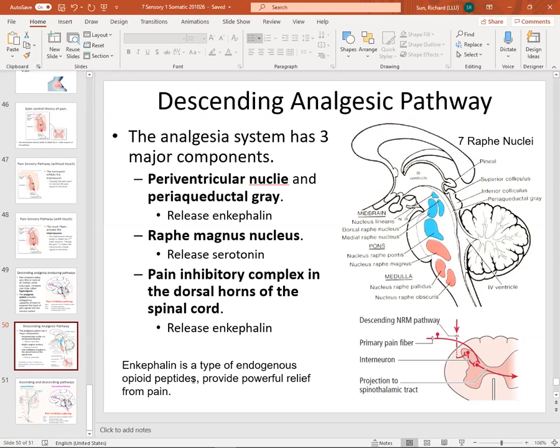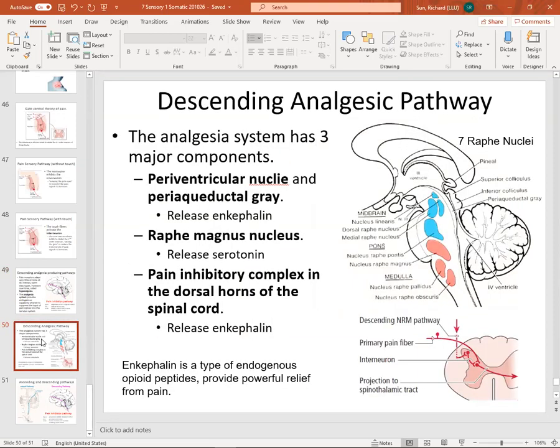So it's very much like taking opioid, but it's not like you inject anything. It's naturally produced by your brain. So that is a very powerful way to block the pain transduction. So you can release that.